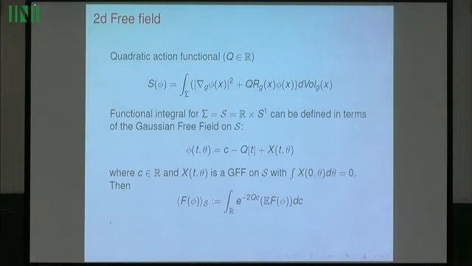And let me explain that in the simplest possible case, the two-dimensional free field, which everybody is familiar with. So the simplest conformal field theory is the two-dimensional free field. Here is the action. The action is supposed to be quadratic for the free field.